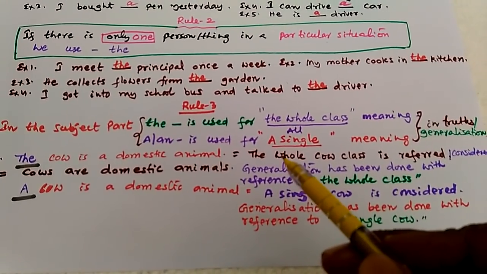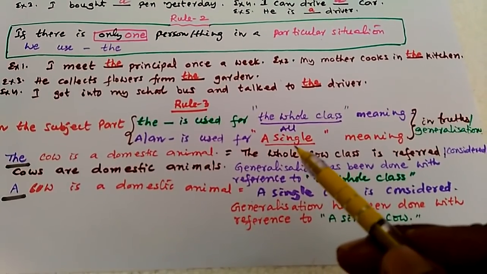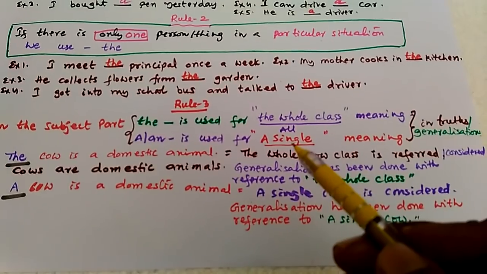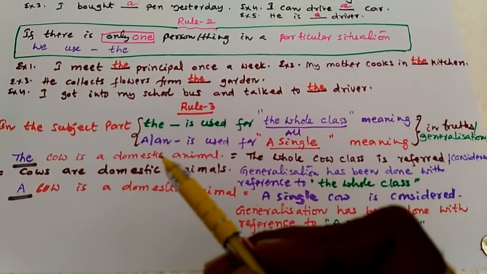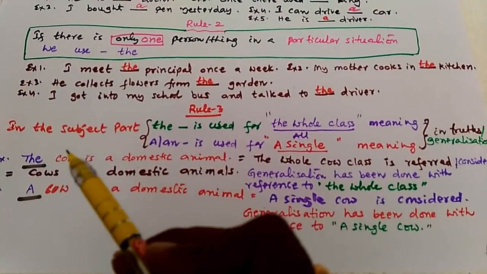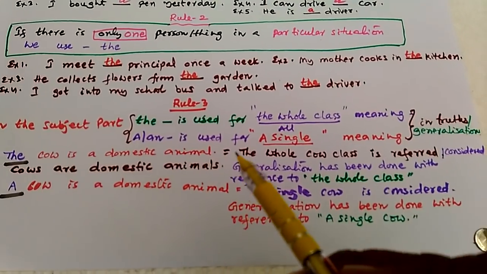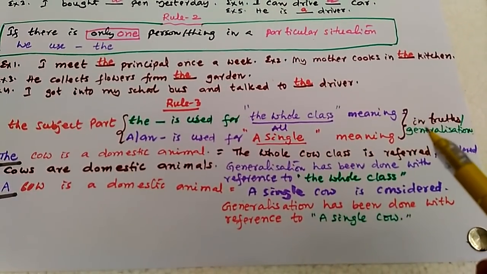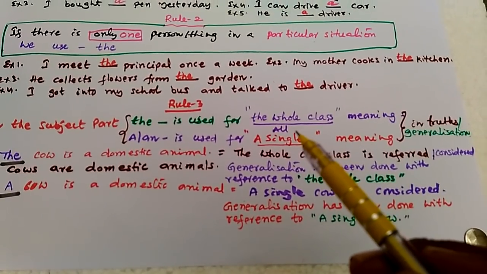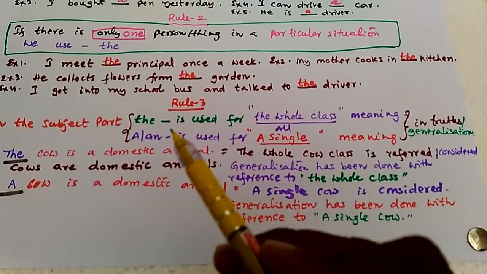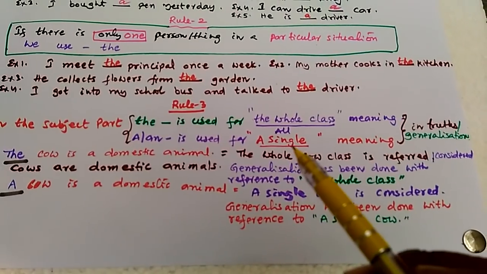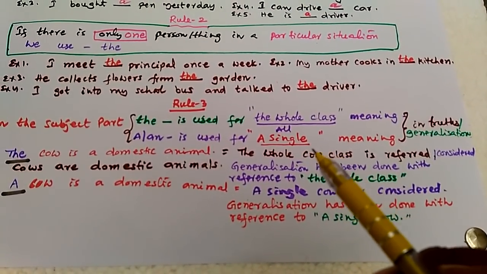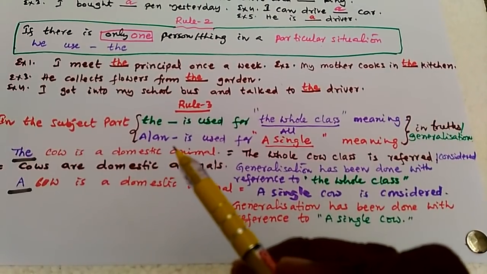When we generalize from an individual unit or from the meaning of a single unit, then we write a or an. That means in the subject part, when we express truths from the whole class point of view, we use the. When we generalize the things from a single unit point of view, we write a or an.